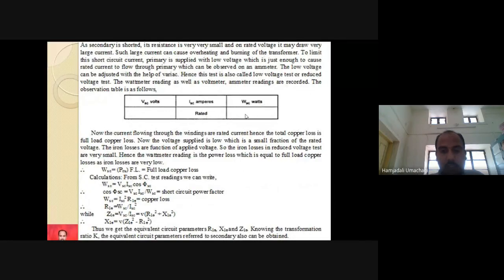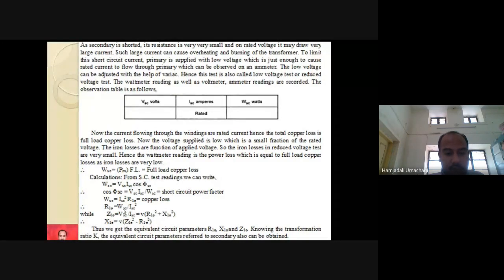So R1E is equal to WSC divided by ISC square. Then what is Z1E? As I told you, voltage by current. Voltage is short circuit voltage, current is short circuit current, so Z1E is VSC by ISC. Once you know R1E and Z1E, what is X1E?